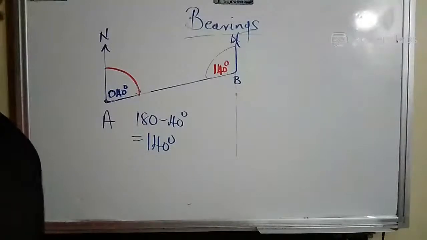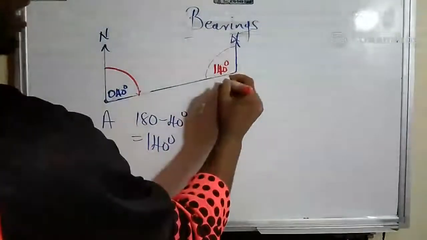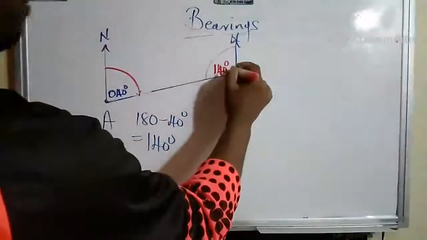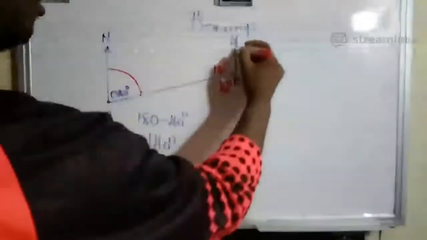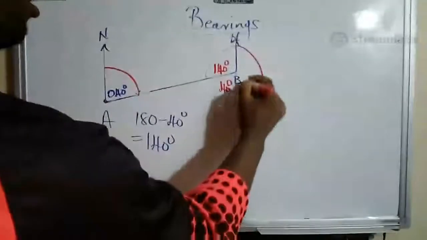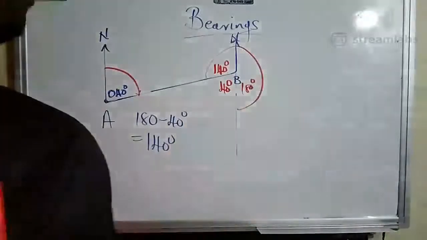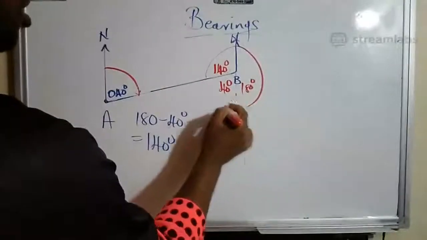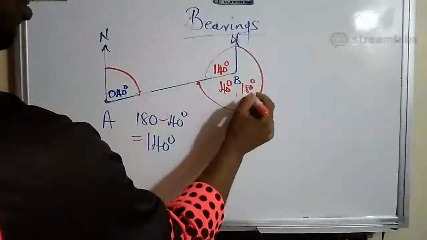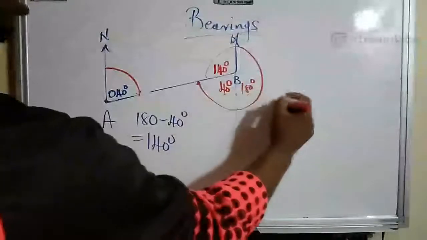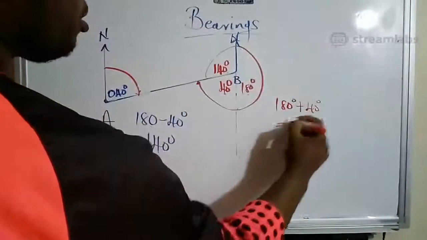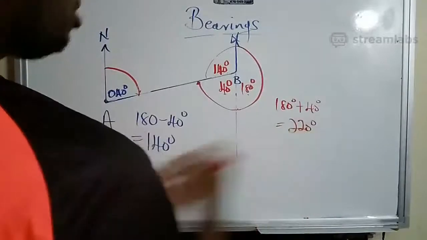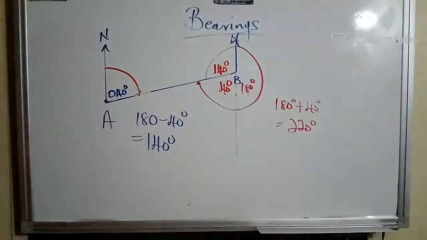Very good. 180 degrees, right? So if this is 140, that means this is 40 degrees. And this is our next straight line, so we come around here. This is 180, right? So you see, guys, it comes all the way around, so it will be 180 plus 40 degrees. So that's an alternate method. Any way you do it, it would be 220 degrees.